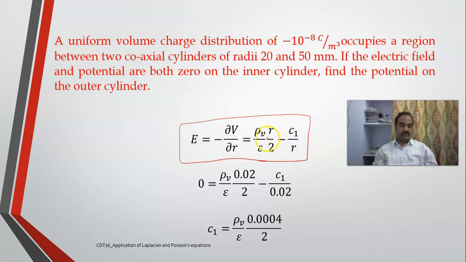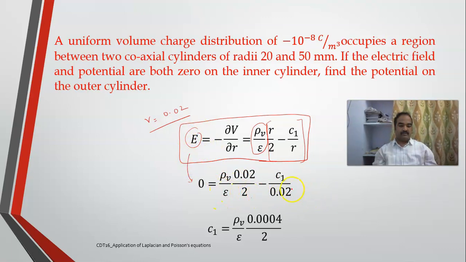I will not substitute the values of these constants now, I will substitute them at the end. It will make it easier because they are of the order of 10 to the power of minus 8 and 10 to the power of minus 12, which is a little clumsy. So you leave those and substitute the remaining values. The r value for the inner cylinder is 0.02. I substitute 0.02 by 2 minus c1 by 0.02, and E is already given as 0.